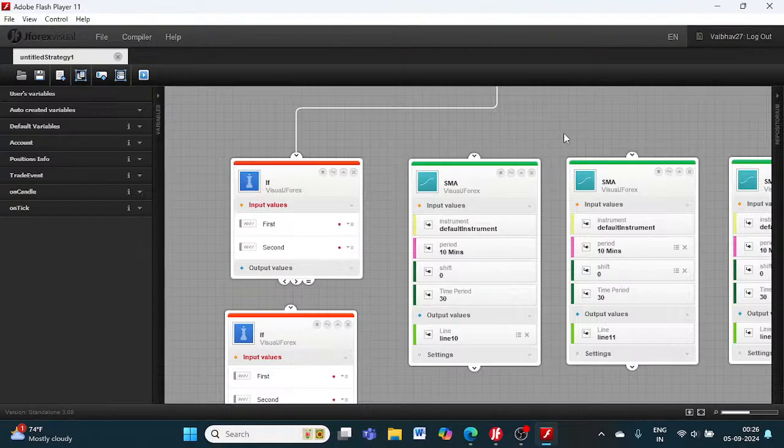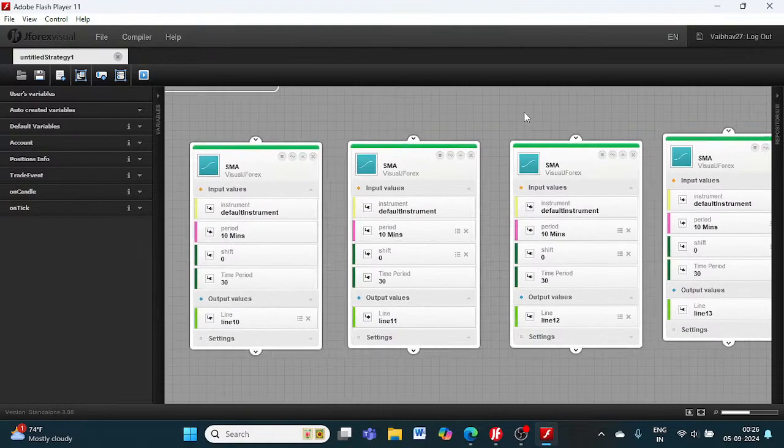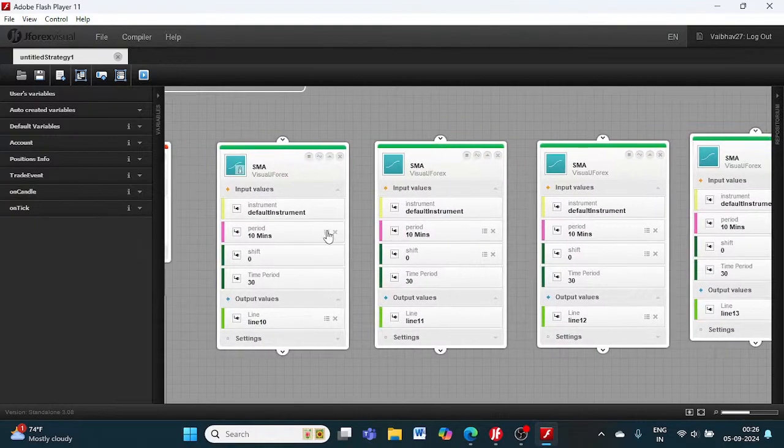Now I will change the candle period of the SMA blocks and min-max blocks. We are working with hourly time frame.